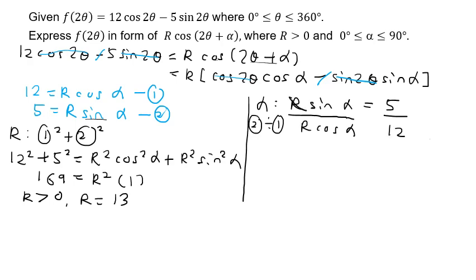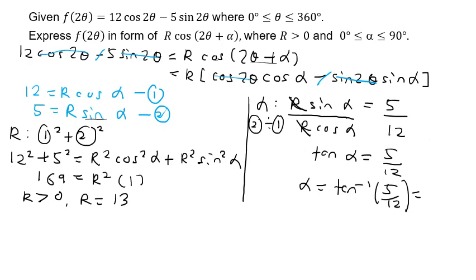So we can cancel out r, and sin over cos, we got tan α = 5/12. So α equals inverse tangent of 5/12, so press your calculator. We got 22.62 degrees.